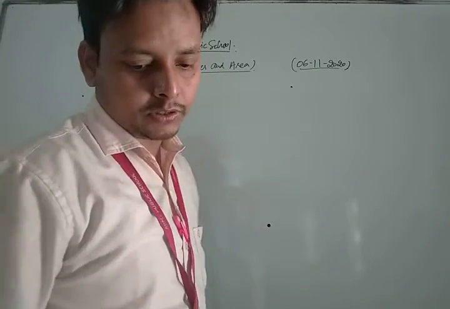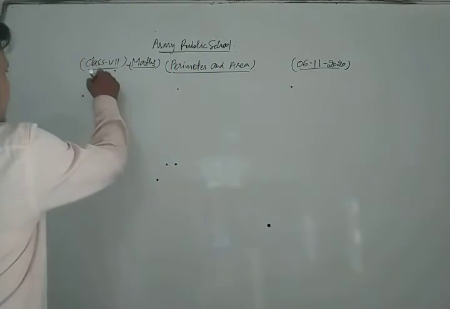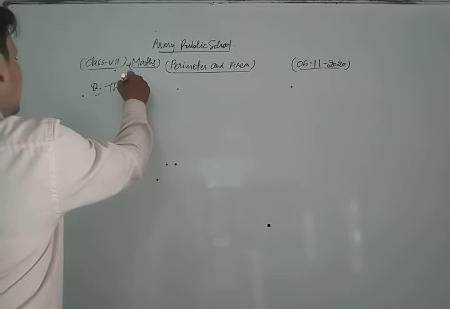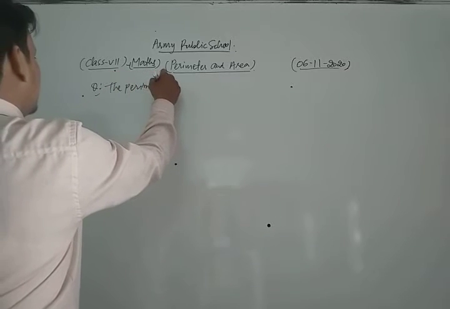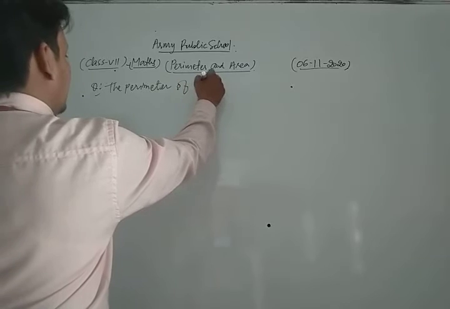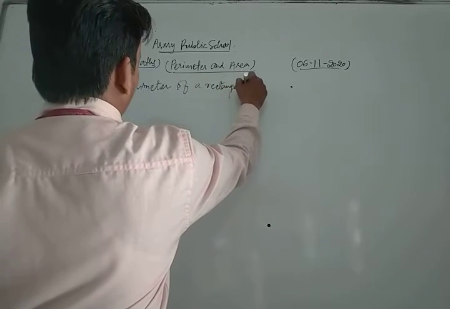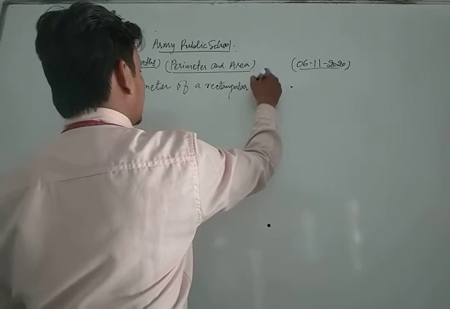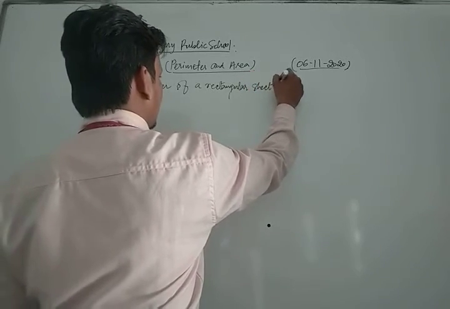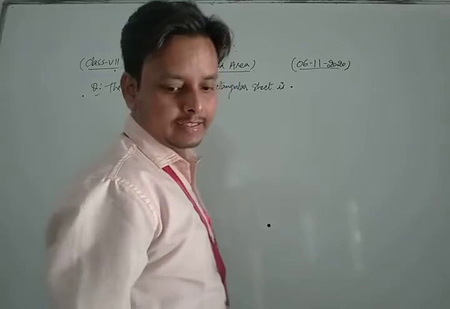The perimeter of a rectangular sheet is 100 centimeter.